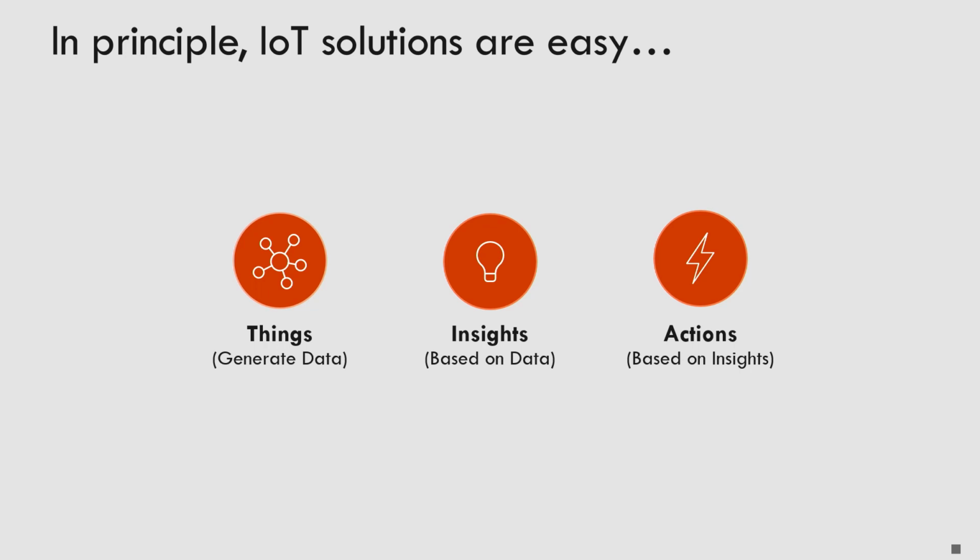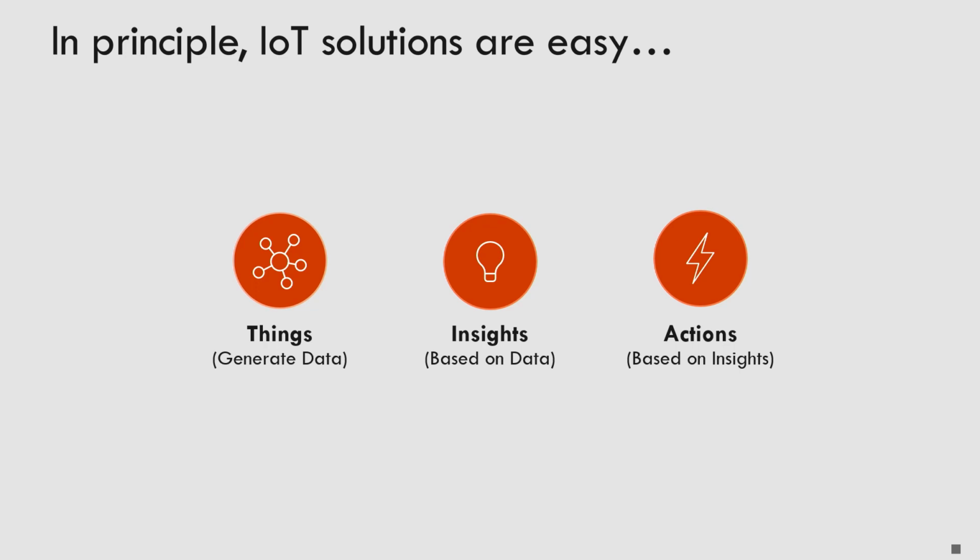With that in mind, what is an IoT solution? An IoT solution in general has 3 segments. It has things, insights, and actions. Things are the devices that are deployed in field that generate the data. These could be sensors, actuators, could be anything that are deployed in the field. You want to take the data and push it to the cloud so that you can run some kind of an analysis to gain an insight.